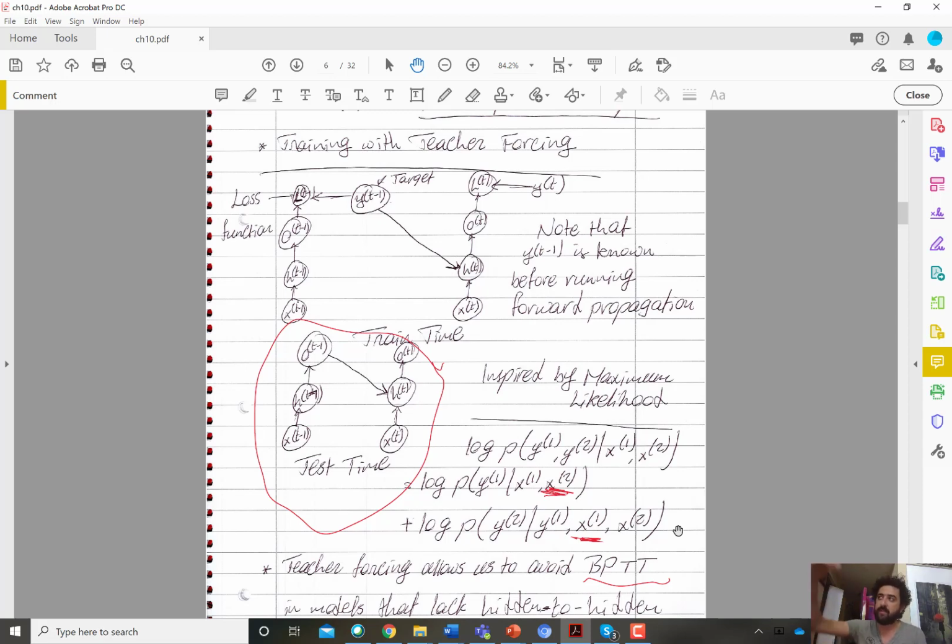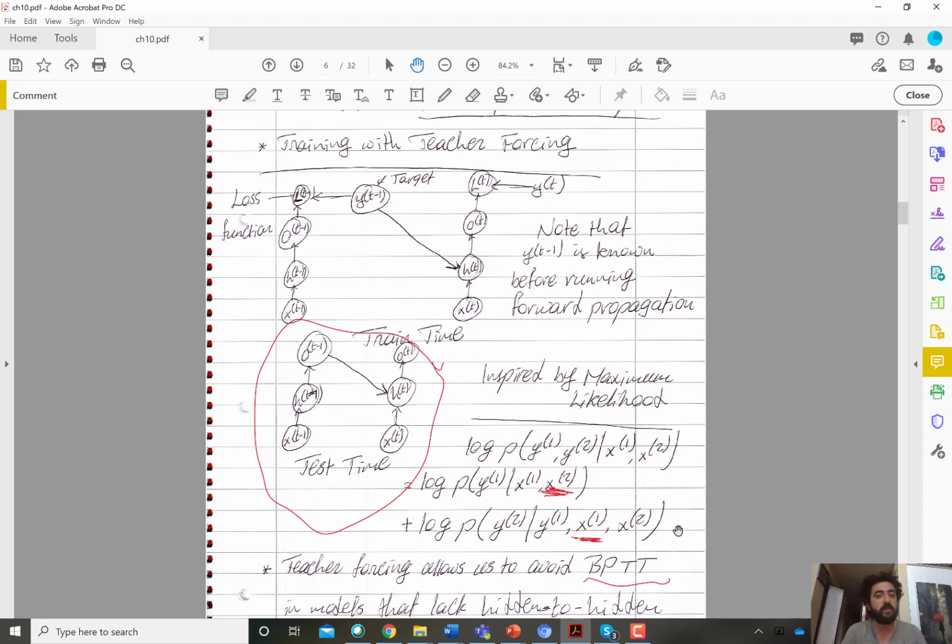So y1, the current target, is a sufficient statistic about x1 with respect to the prediction of y2. Sounds good? But even if these assumptions are not holding, we are approaching maximum likelihood, or we are coming closer to maximum likelihood when we do training with teacher forcing.